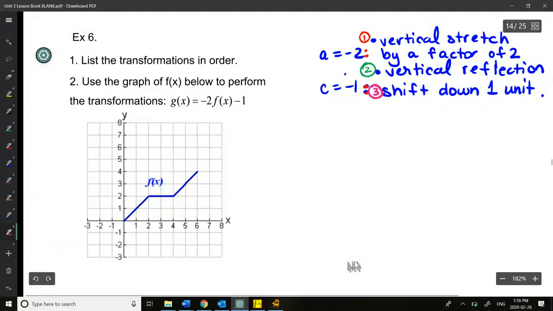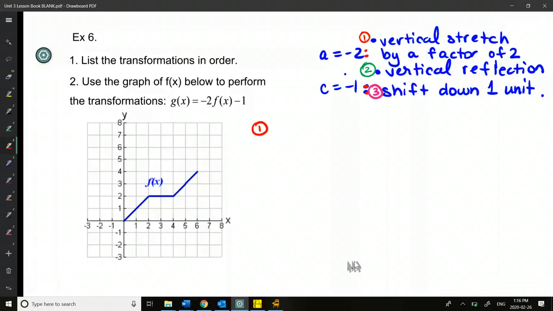Okay, so number 1, this is the vertical stretch by a factor of 2. I'm going to choose a couple key points along the way here. You can use as many as you want. If you want to use every single point, you can use 1, 1 if you want. I think I'm just going to choose the important points.